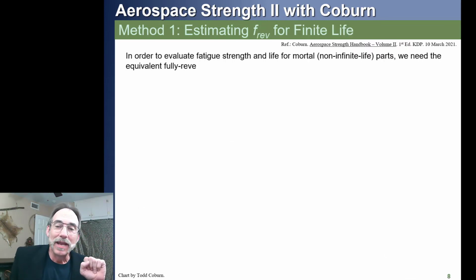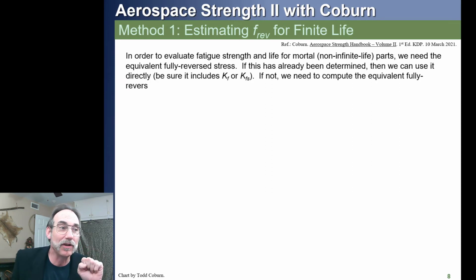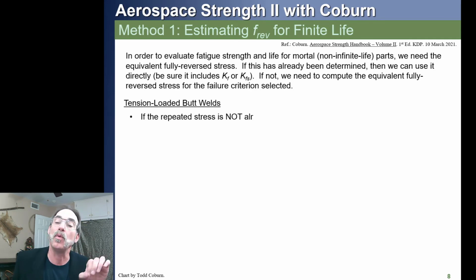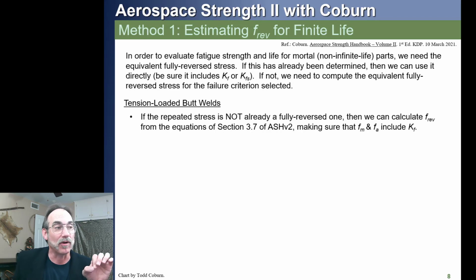So to estimate our fully reversed stress, what we're going to do is do the same thing we did in Chapter 3, and we're going to figure out which failure criterion we want to use. For a tension-loaded butt weld, once again, we're going to go back to Chapter 3 and plug in our FA and FM into those equations to calculate FREV.